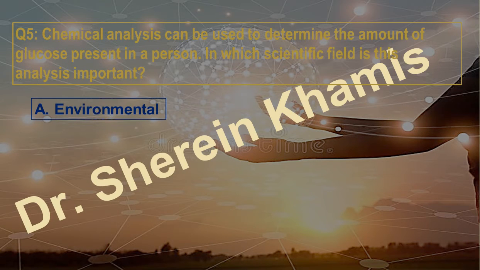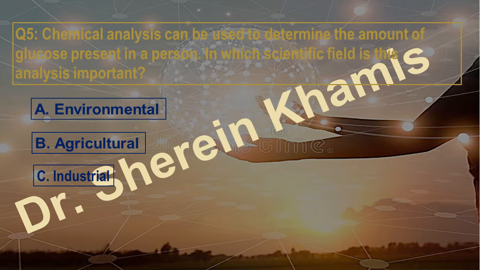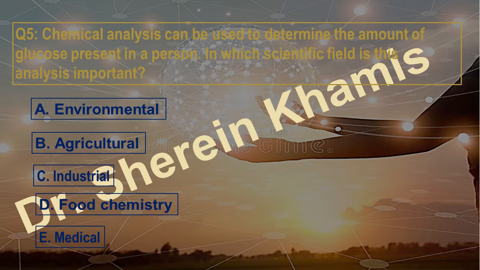Okay, the options are environmental, agricultural, industrial, food chemistry, and the last one, medical. What do you think it's important for? I think it's easy. It's important for the medical field, for measuring the chemical analysis for the importance of the health of the human body. Okay, let's go to question number 6.